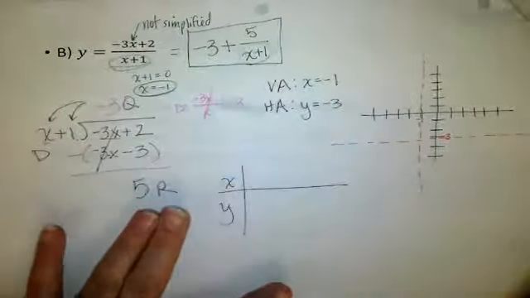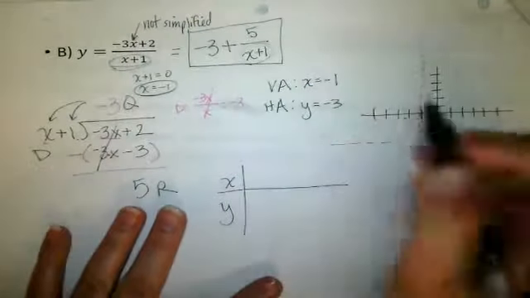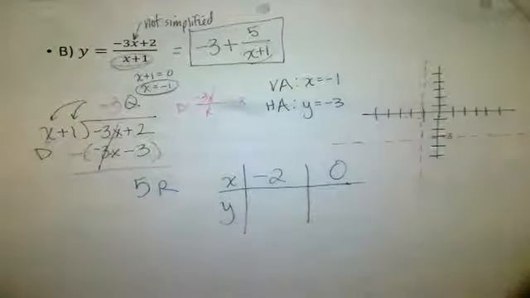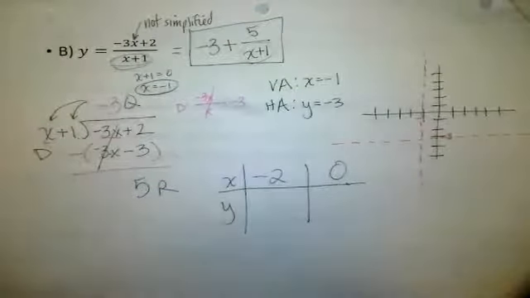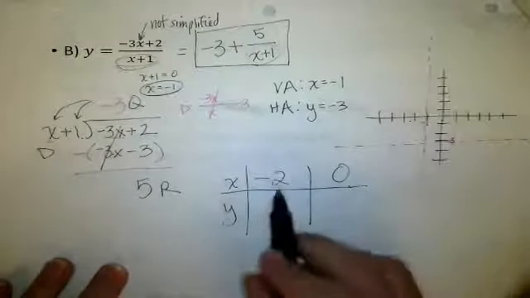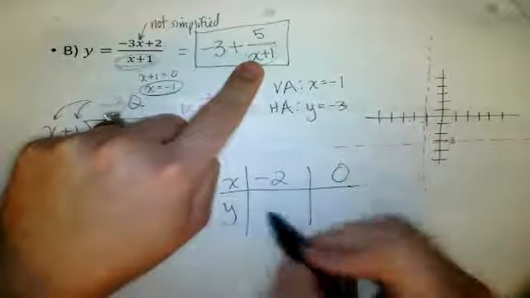What are some good values for x? 0 and negative 2. Yeah, negative 2 and 0. Great choices here. To the left of negative 1 and to the right of negative 1. And now I'm going to take my x value and plug it in for x.